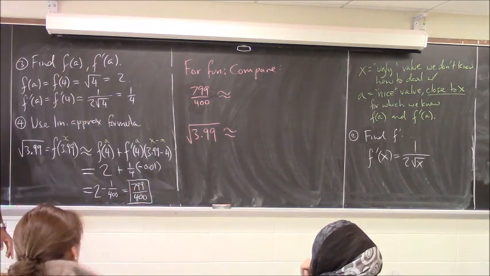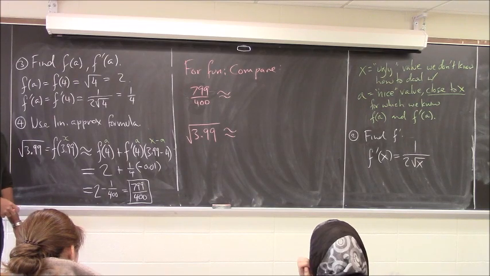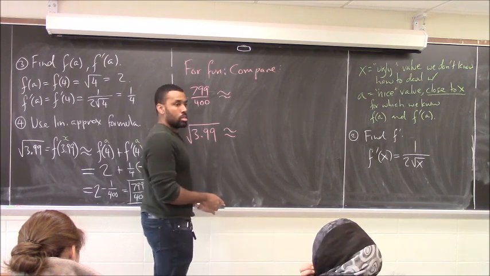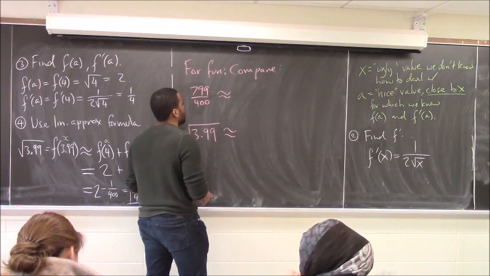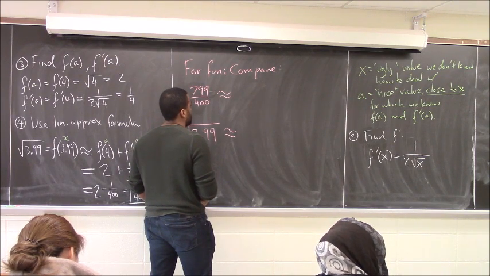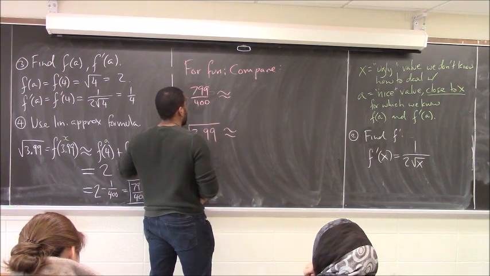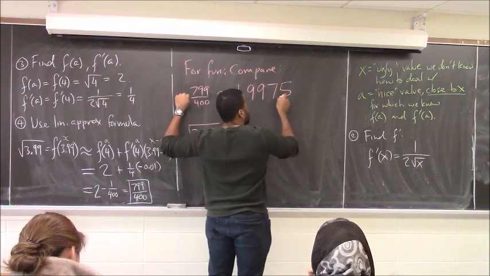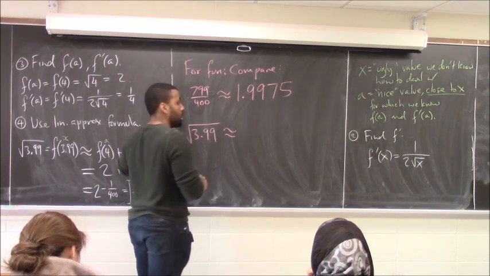Use calculators or something. 799 divided by 400, tell me roughly what is that? It's roughly 1.9975. Okay.